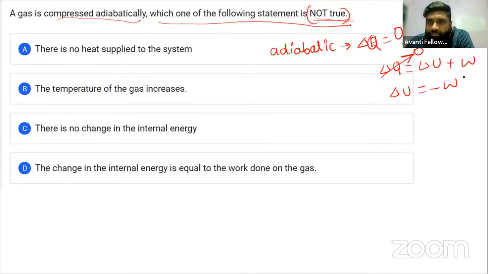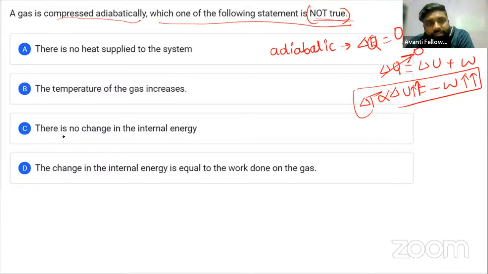All the work done to compress the gas will automatically increase the internal energy. An increase in internal energy will result in an increase in temperature because delta U is directly proportional to delta T. So this is also correct. This is the correct statement.